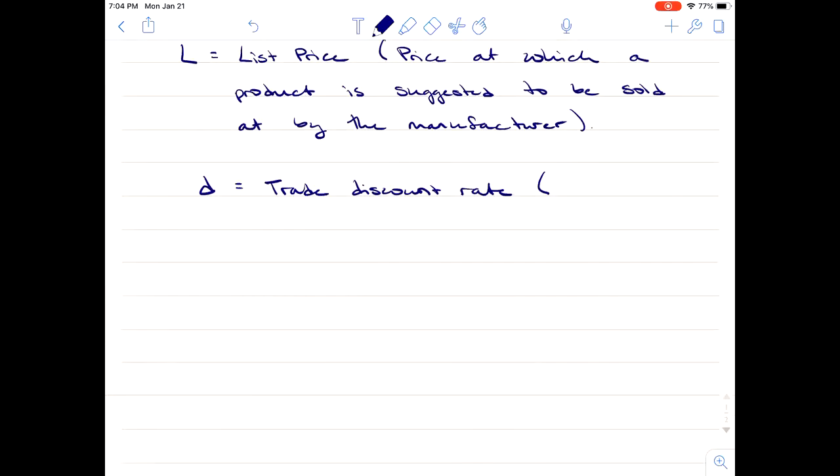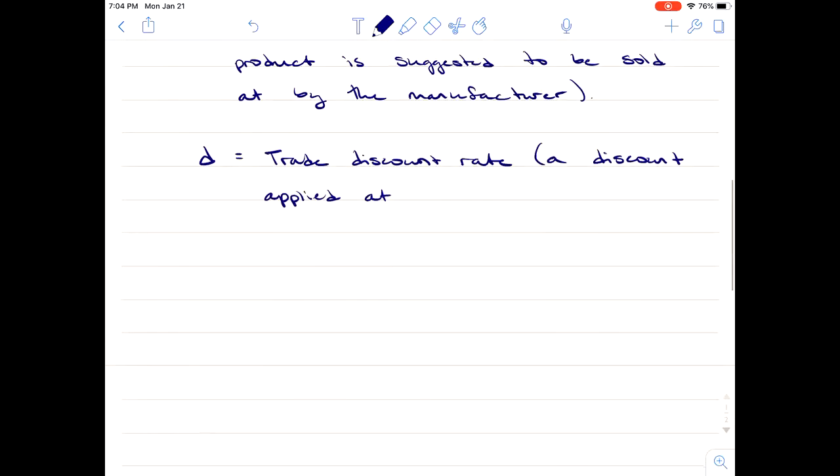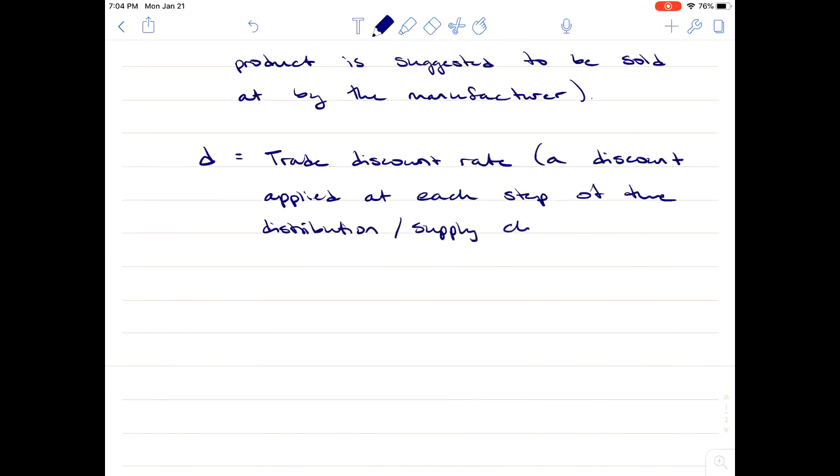So a trade discount rate is a discount applied at each step of the distribution chain. I guess I called it supply chain. Doesn't matter.